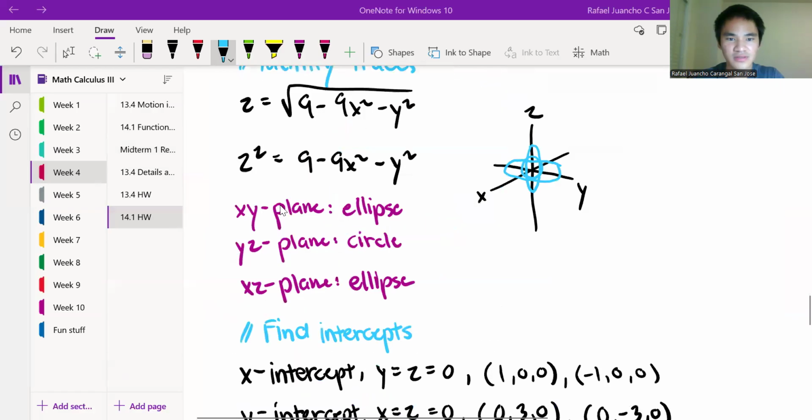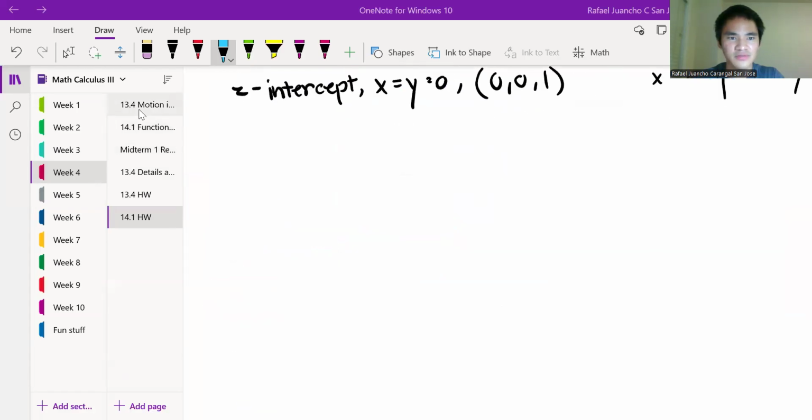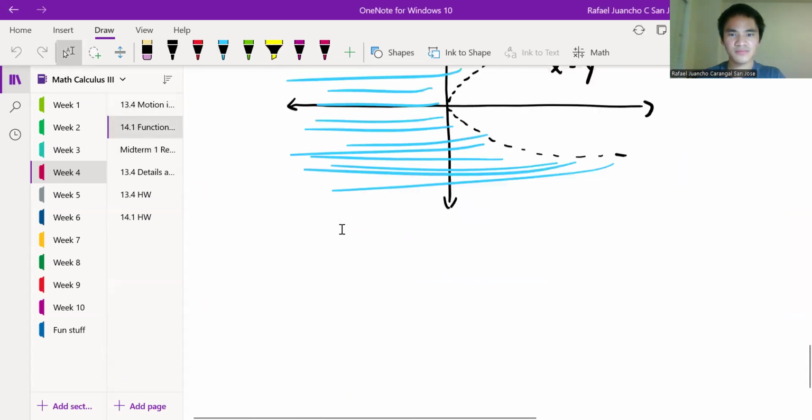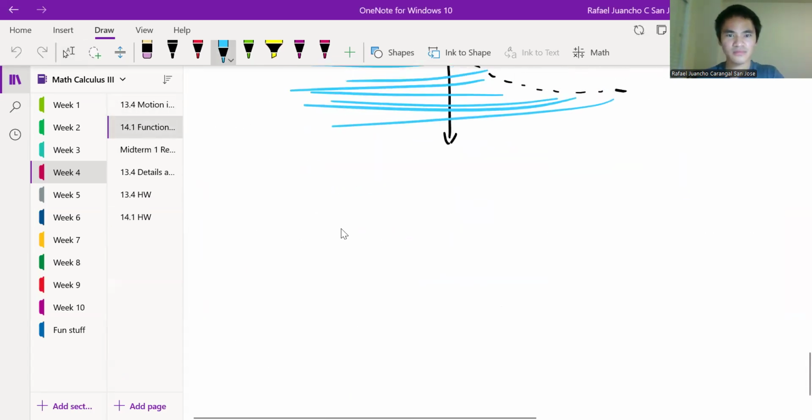So let me just go there real quick. I'm gonna do this in one whole video. Okay, it's all about contour maps. So, contour maps. Let me just go to my stuff here. Here, let's sketch the graph.